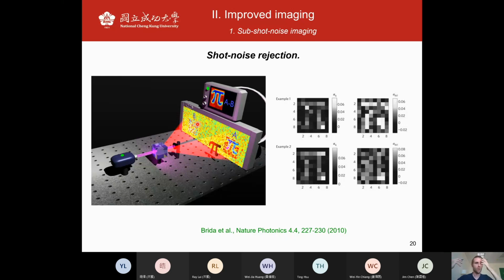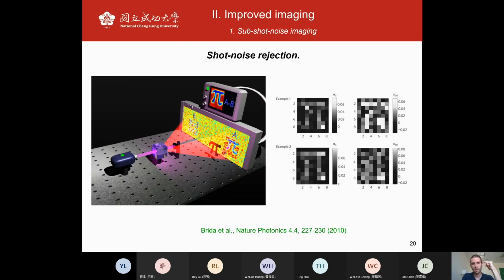So if you've got a perfectly ideal scheme, the number of photons you detect in one of the pixels will be random and follow this shot noise. But you know that you'll detect exactly the same number on the other side. And you can use the fact that you are measuring the number of photons on the other side to basically subtract the noise that you have in your image.